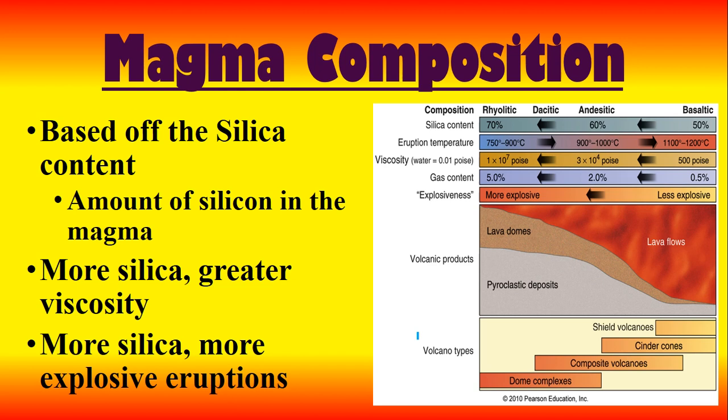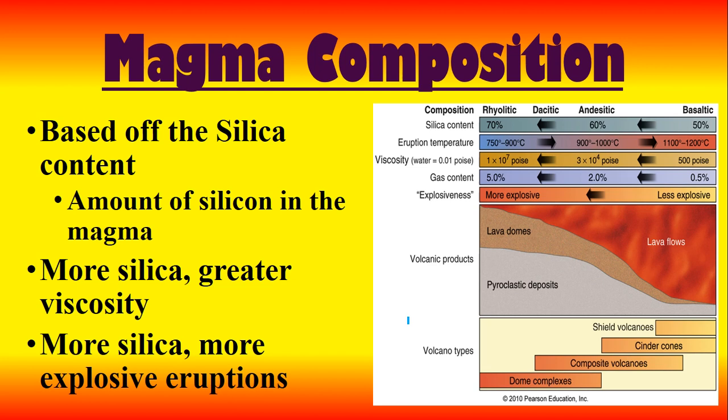So, magma composition. The composition of magma is based off the silica content, or the amount of the element silicon that is in the magma. More silica equals greater viscosity. So if we think back to viscosity, remember high viscosity equals more violent eruptions.